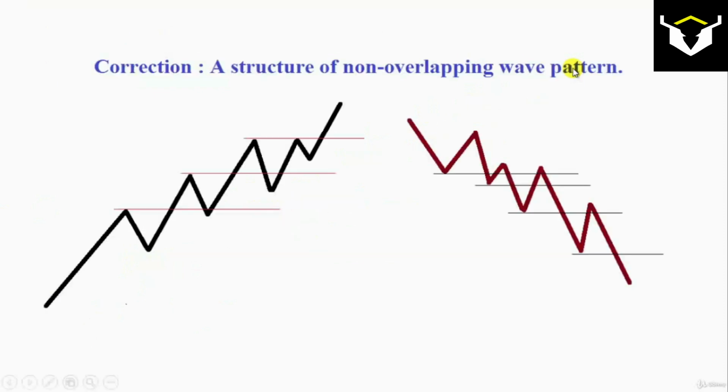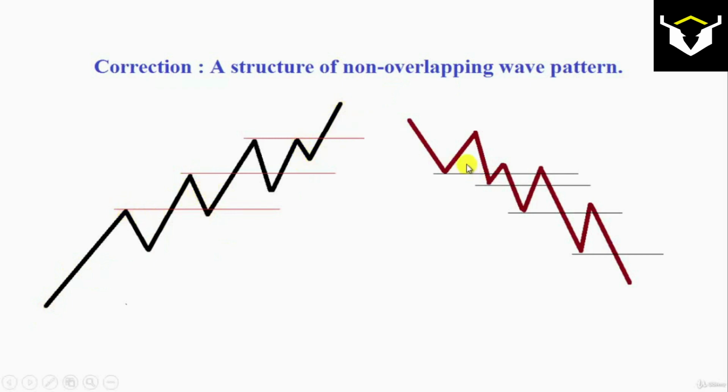In the following chart, you can see the wave structures are overlapping each other, mixing, intermingling or touching each other. You can see here in this upside wave structure, each wave is mixing with its previous tops or bottoms.